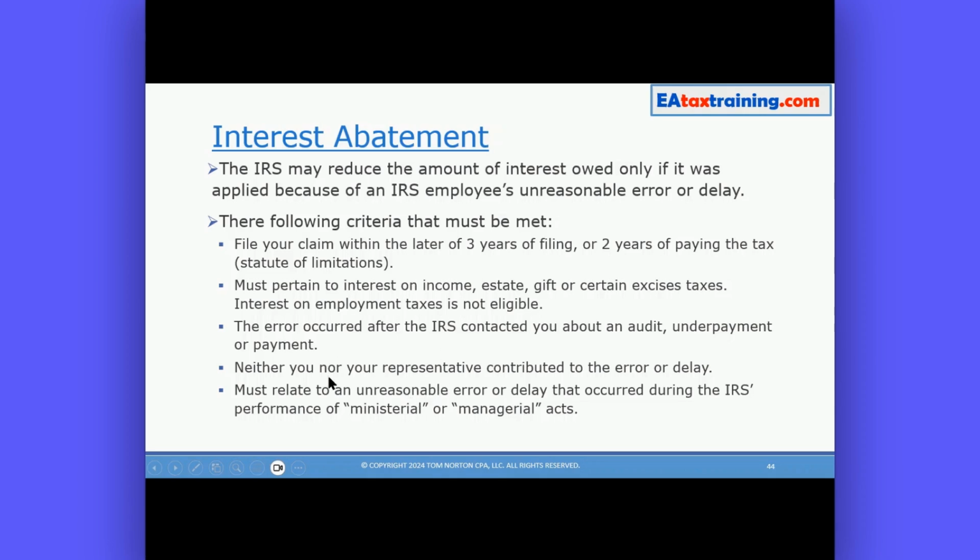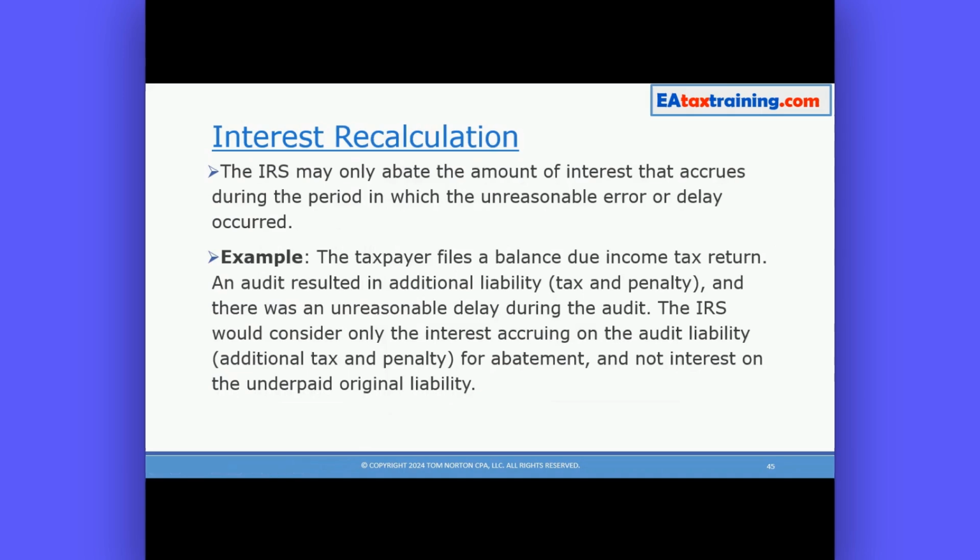Well, they would not abate interest in that case. And then the unreasonable error or delay that occurred must be during the IRS's performance of ministerial or managerial acts. That is most of what the IRS is doing. If the IRS just messed up, then they will, in some cases, abate that interest.